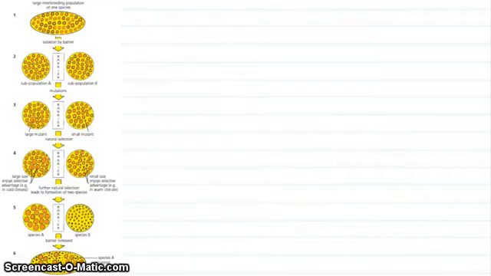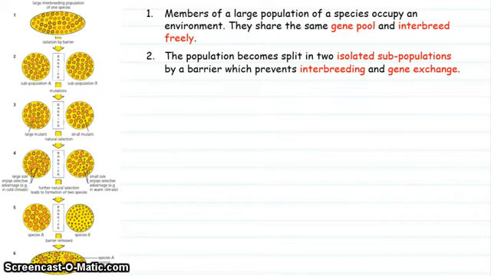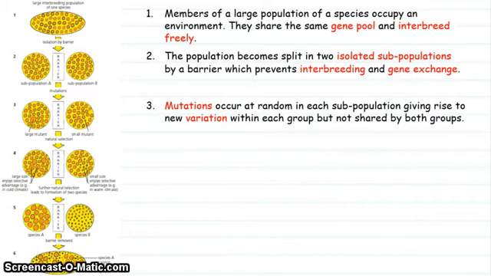In allopatric speciation, first of all, we start off with members of a single population interbreeding freely, so sharing the same gene pool. Now, what happens next is some kind of physical barrier splits the population in two, and those subpopulations can no longer interbreed and exchange genes with each other. Over time, mutations will occur, and this will give rise to genetic variation within each group either side of the barrier.